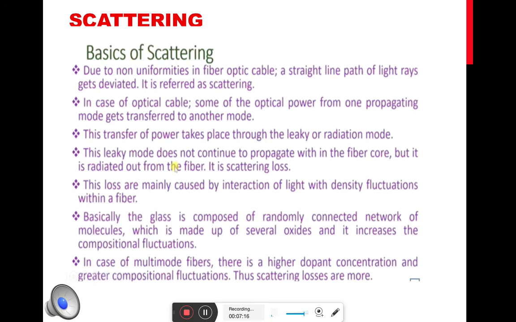These types of losses that happen in an optical fiber are called scattering losses. It happens basically because of the concentration of the materials in the fiber, or due to the dopant concentration. There is a higher dopant concentration in multimode fiber, so scattering losses are more in multimode fiber than in single mode fiber.